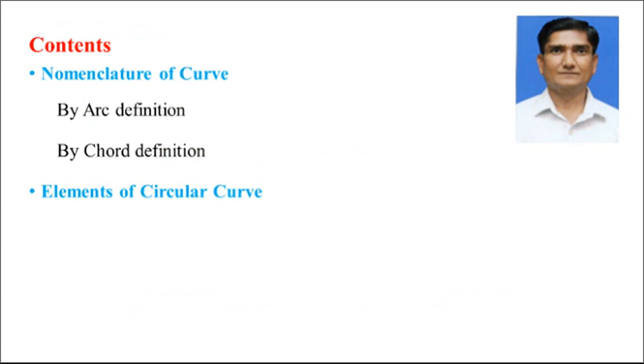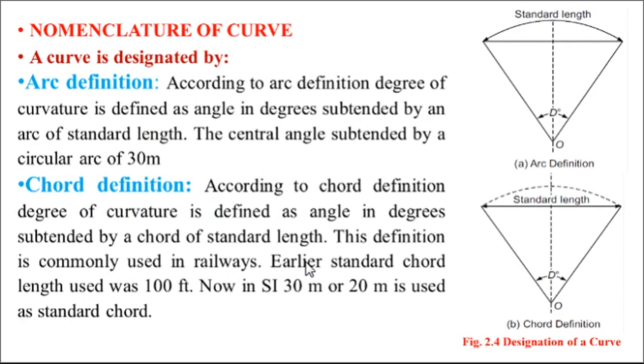we are going to study the nomenclature of a curve and the elements of a circular curve. Next slide. Starting with the nomenclature of a curve, first is the arc definition.